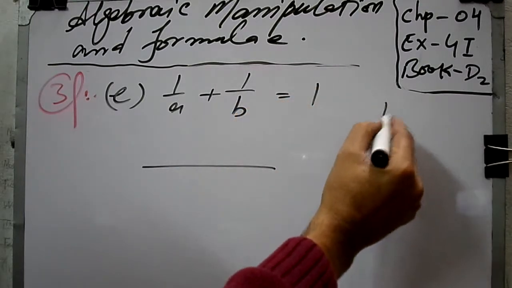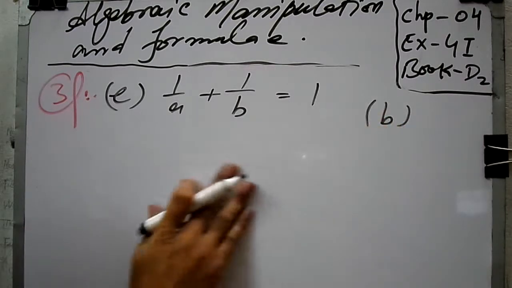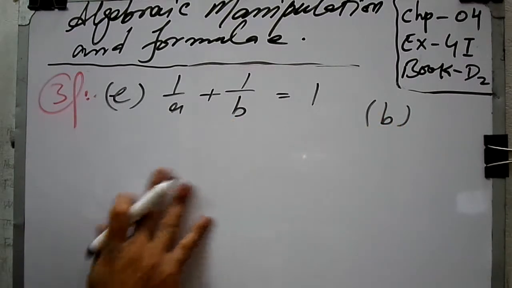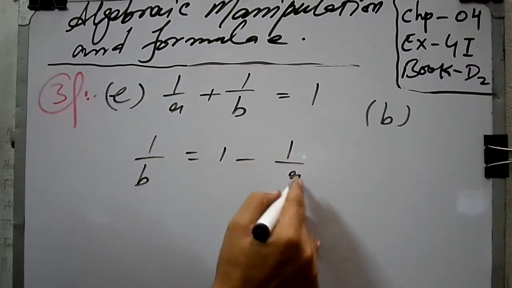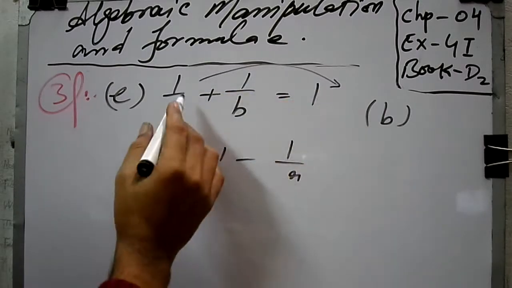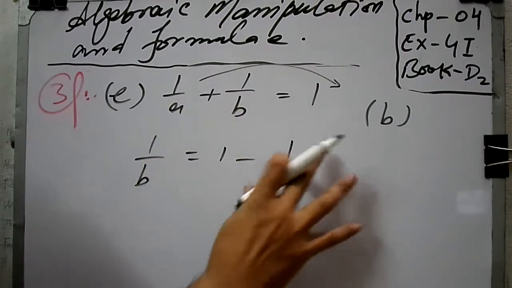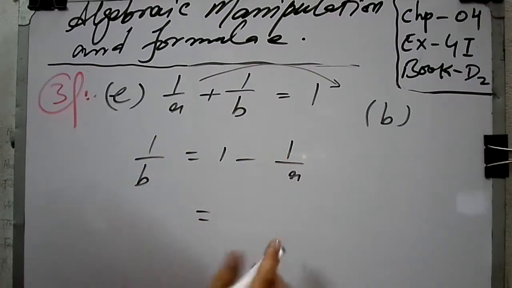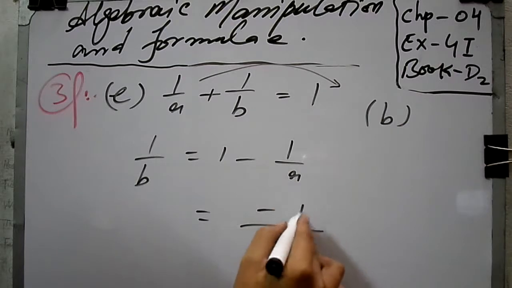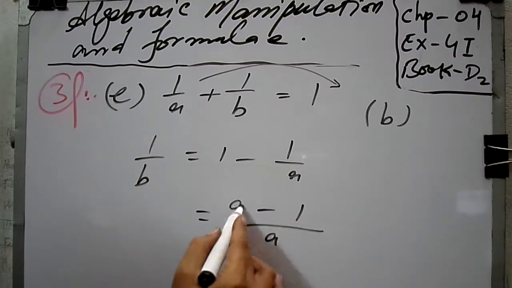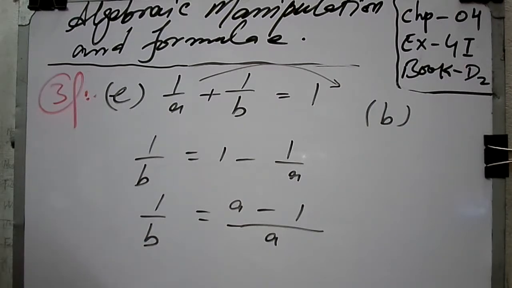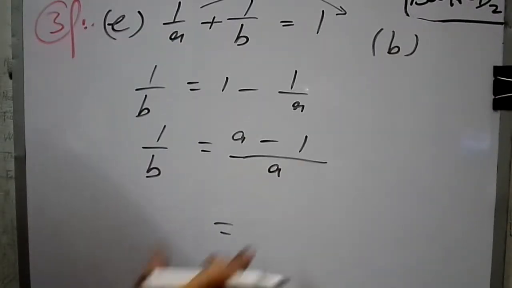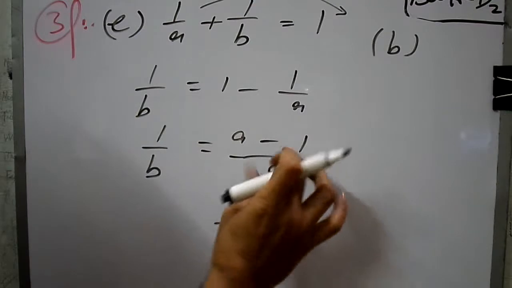Because you have to find B as the subject, no need to take LCM because you need the value of B. So place here 1 by B is equal to 1 minus 1 by A. So shift this 1 by A here, so it will become minus 1 by A. So taking LCM, A minus 1 over A, so that is your 1 by B, but you need the value of B, so invert it.